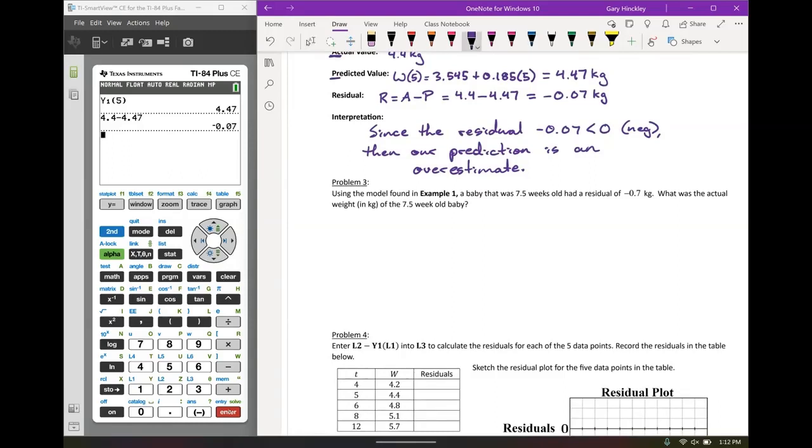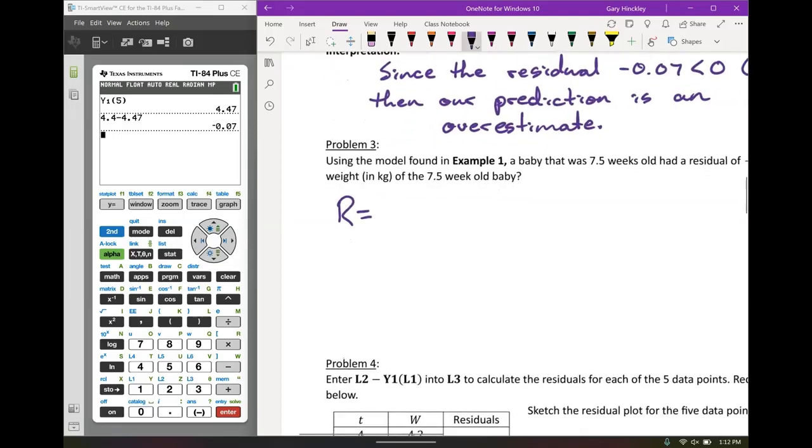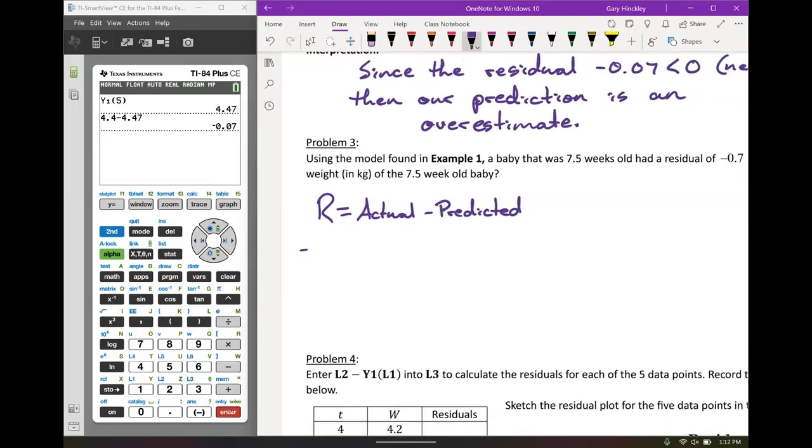And remember, our residual equals the actual minus predicted. Well, they gave us a residual of negative 0.7. I don't know what my actual is. That's the unknown. But can we figure out a predicted value at 7.5 weeks? What would I do with 7.5? Plug it into our model, right?